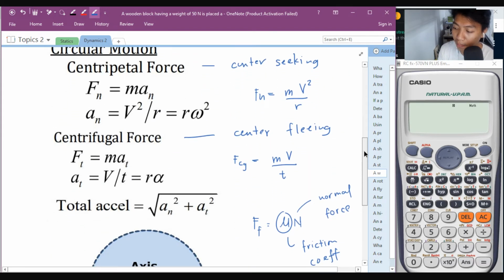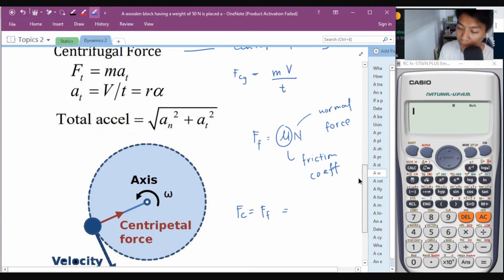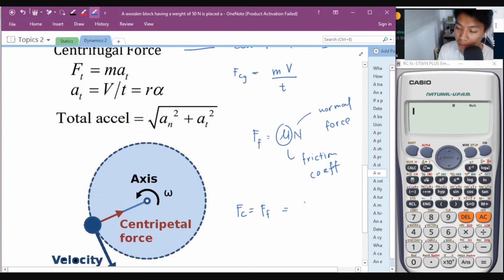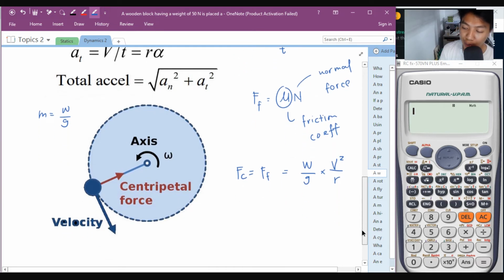FC, the centrifugal or centripetal force, is equal to weight divided by gravity, which is the mass, multiplied by linear velocity squared divided by the radius of rotation.